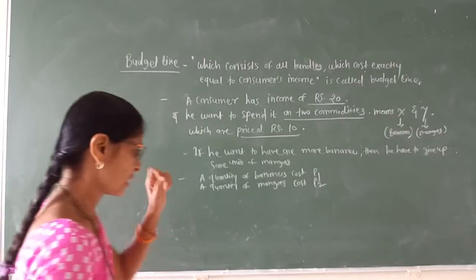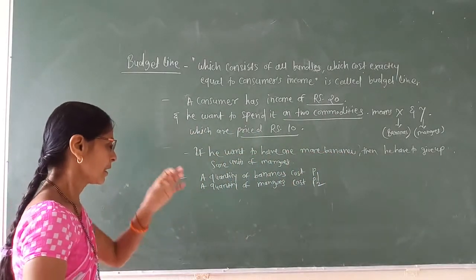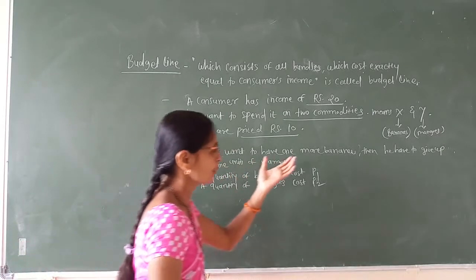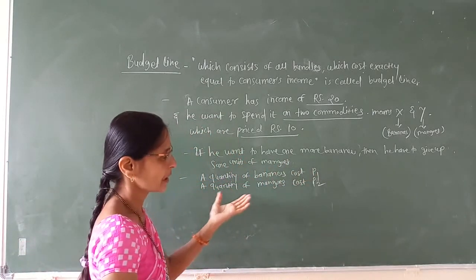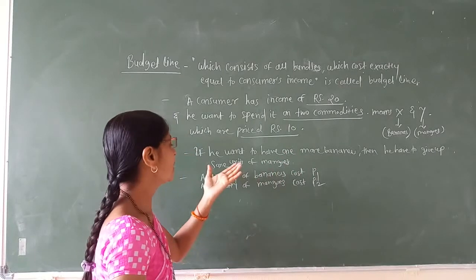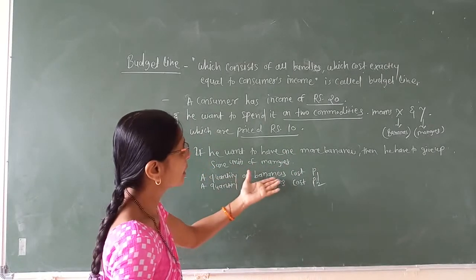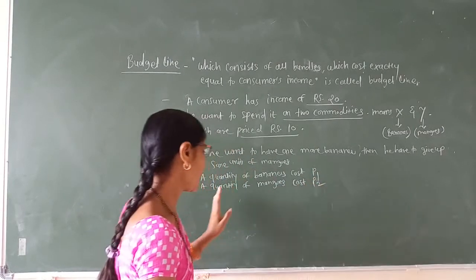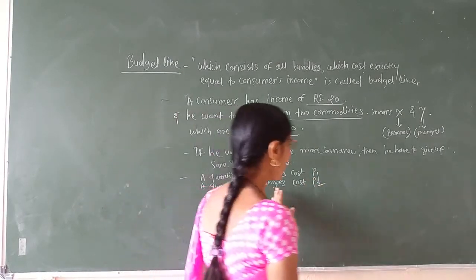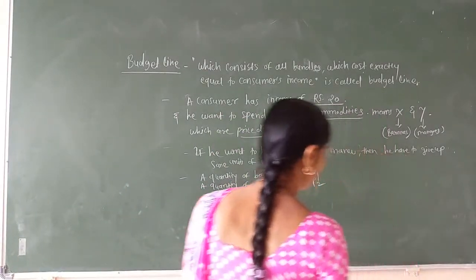See here, if the person wanted to have more units of the banana, then he has to give up some units of the mango. Here the quantity of banana cost is P1 and the quantity of mango cost is P2.